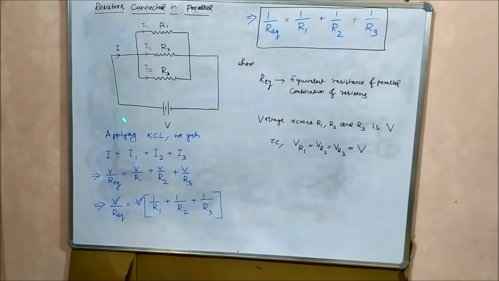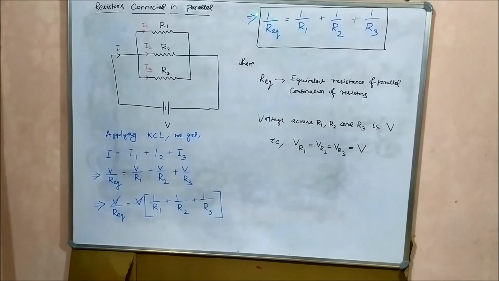If there were n number of resistors connected here, the expression would be 1 by R equivalent is equal to 1 by R1 plus 1 by R2 plus 1 by R3 plus 1 by R4 plus 1 by R5 plus dot dot dot up to 1 by Rn, the nth resistor. So here we can say that the reciprocal of the equivalent resistance is equal to the sum of the reciprocals of the individual resistors.